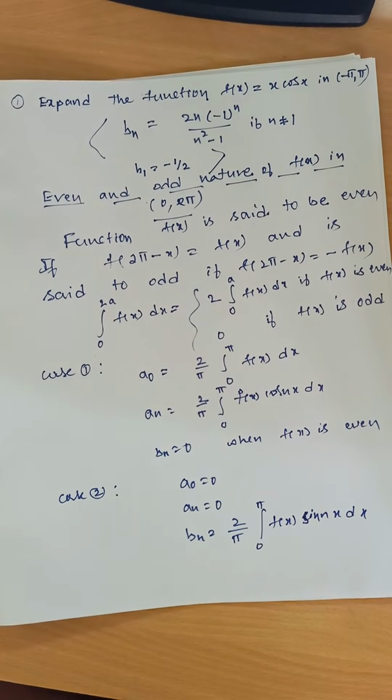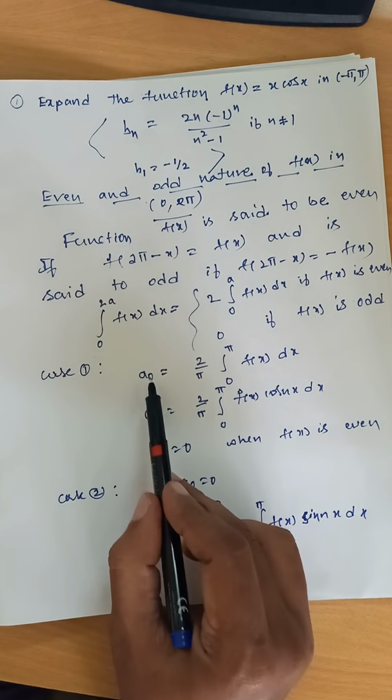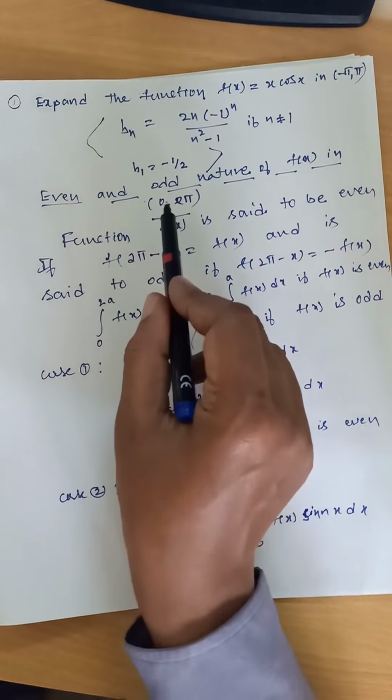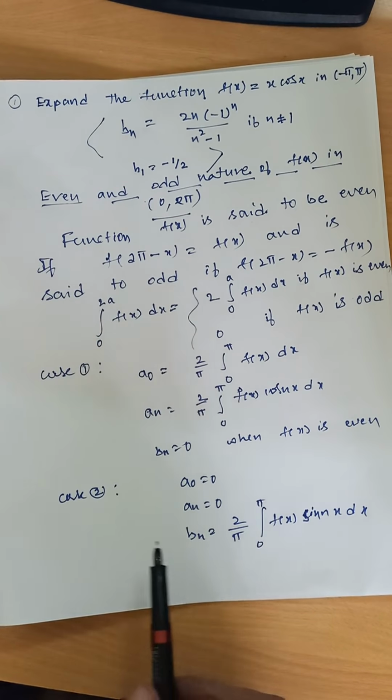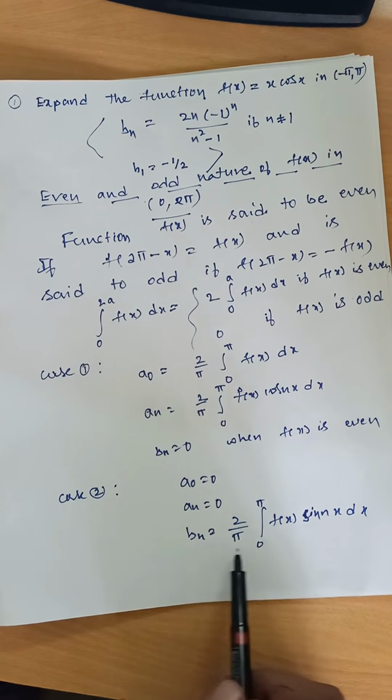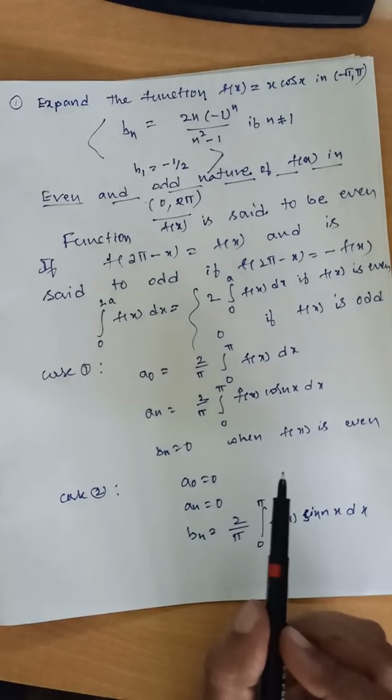Comparing the formulas for a naught, an, bn, if it is even, a naught and an are the same for minus pi comma plus pi and 0 comma 2 pi, and the bn formula is the same for minus pi comma plus pi and 0 comma 2 pi.